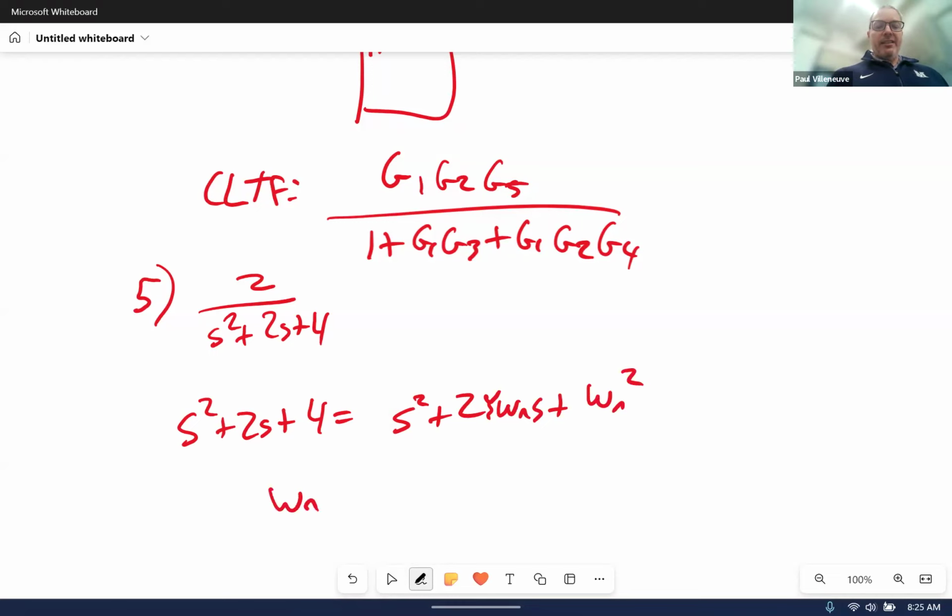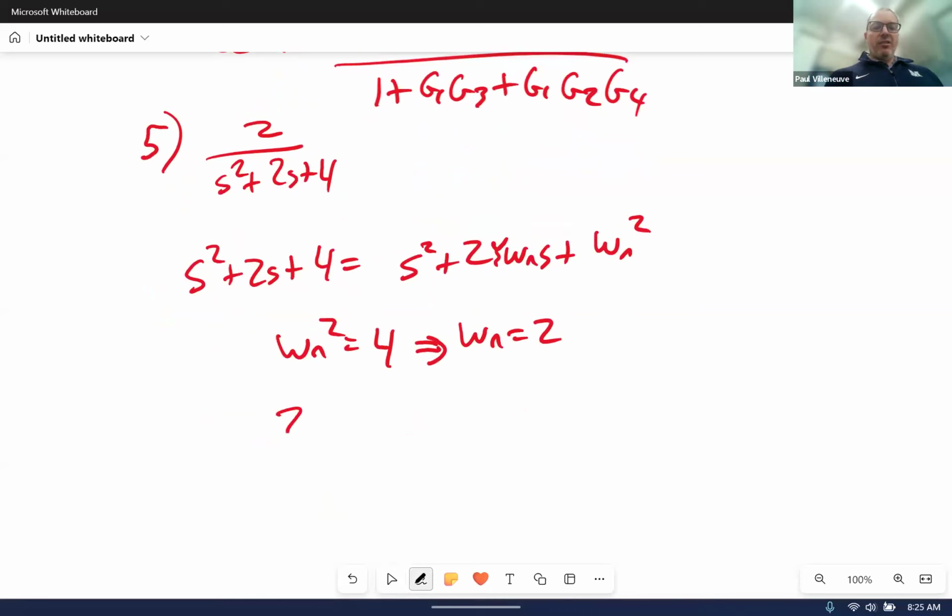So immediately, omega sub n squared equals 4, which means omega sub n is equal to 2. Once we have that, 2 is going to be equal to 2 zeta omega sub n. So zeta is equal to 1 over omega sub n, 1 over 2, which is equal to 0.5.